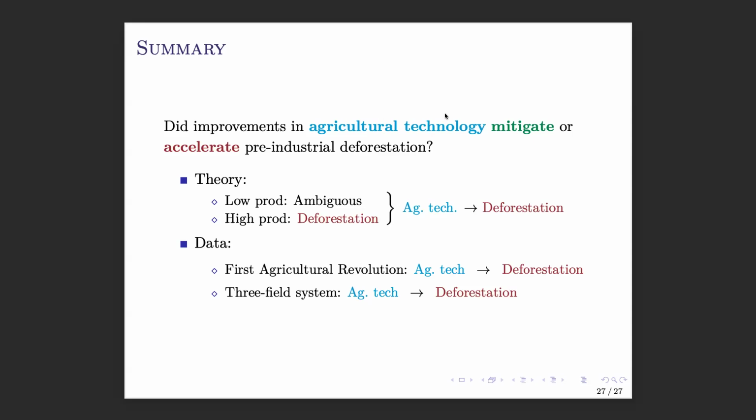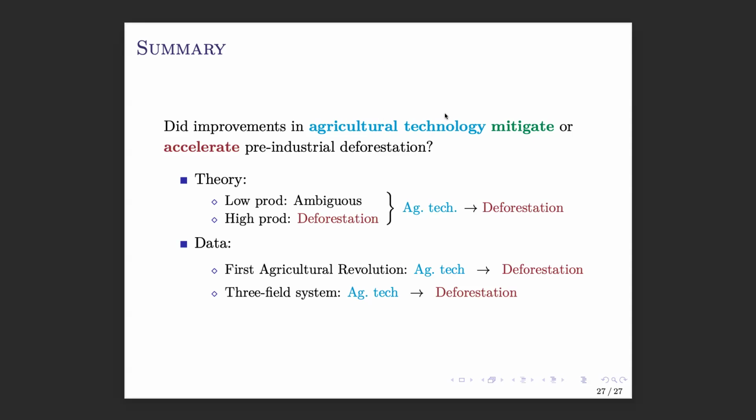Basically, okay, so a few things. The population thing is important, right? In the absence of Malthusian population growth, the improvement in agricultural technology, we expect to reduce the price of agricultural output, which can certainly have the effect of disincentivizing expansion into forest land, and this is the stylized graph I showed you before.